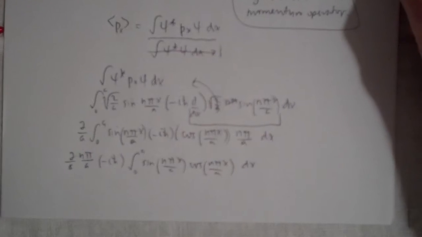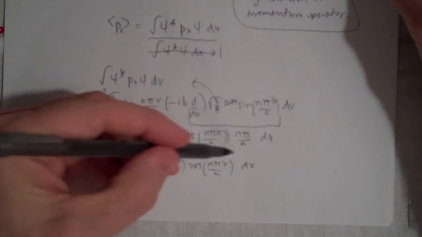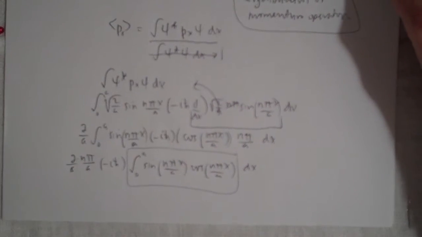Okay, so what I'm looking for now, I now have a fairly simple integral, and it takes the form, the integral of sine ax cosine ax, because it's got the same argument in there, right? dx. So let's go look that up. Sine ax cosine ax dx. I'm going to hit the pause button while I go look that up. That's just going to take too long.